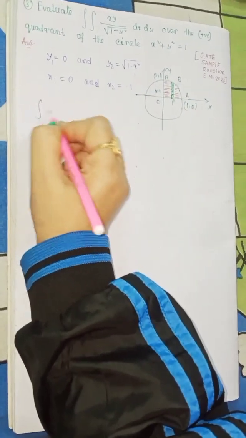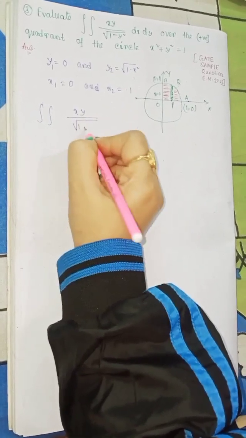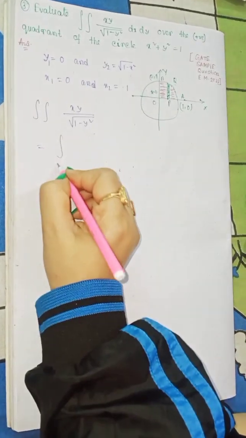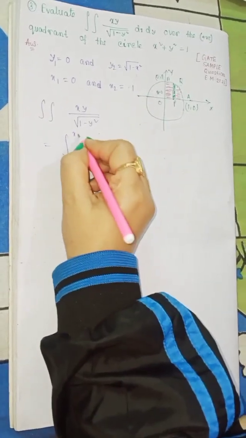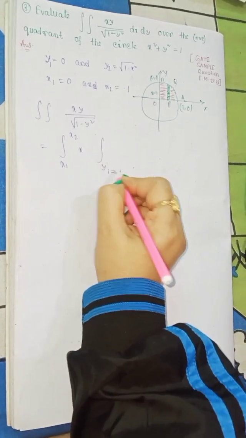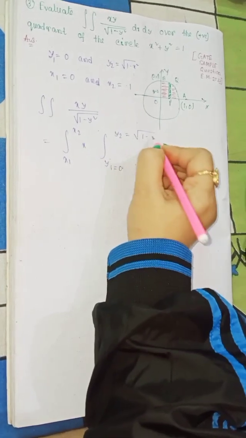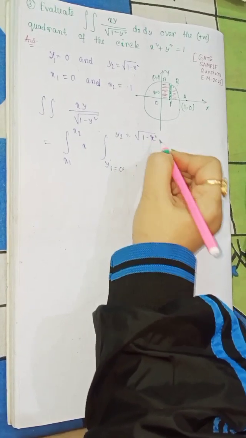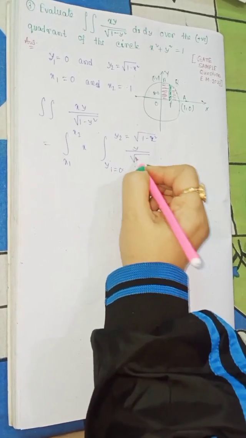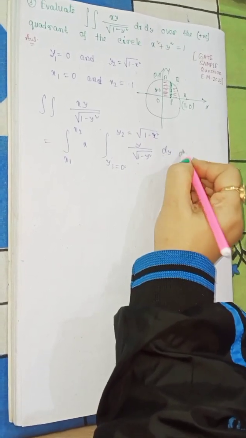So now the double integration of xy divided by root over of 1 minus y square, that is equal to, we may say, integral from x1 to x2 of x times the integral from y1 equals 0 to y2 equals root over of 1 minus x square of y divided by root 1 minus y square dy dx.